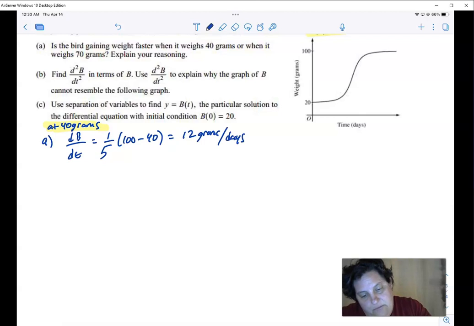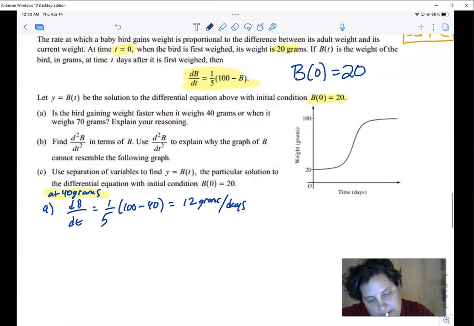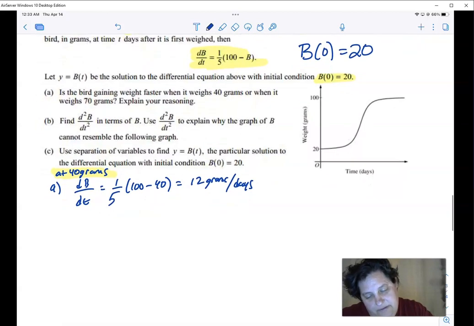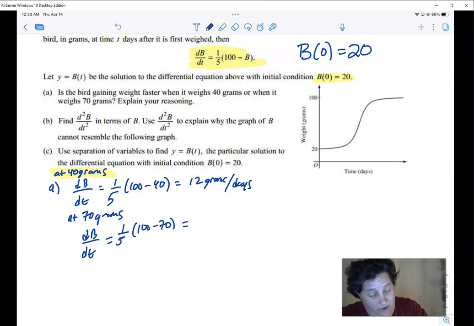Now, let's find the second derivative real quick. Actually, do we need the second derivative? I don't think we need it for this part. At 70 grams, it equals 1/5 times 100 minus 70, which is 1/5 of 30, which is 6 grams per day.